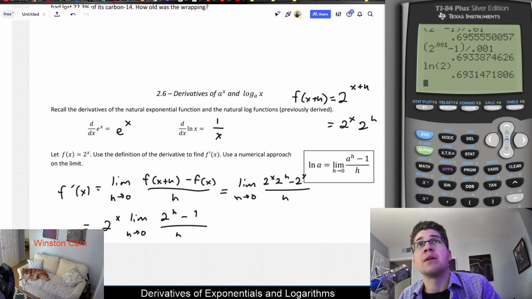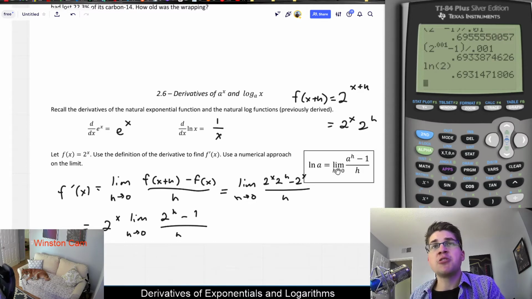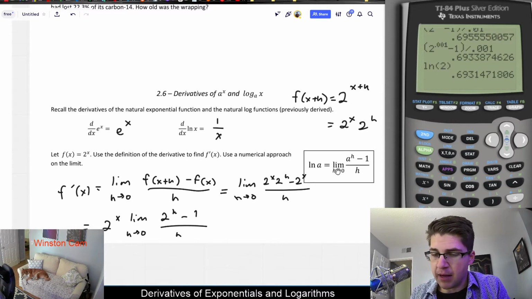Notice it's about 0.693, similar to the value that we obtained when we plugged in 0.001 into this expression. But this is a fact of this particular limit, which I've put on your lecture notes, and is not something I'd expect you to memorize. But basically, my point here is that this whole thing has a limit of the natural log of 2.